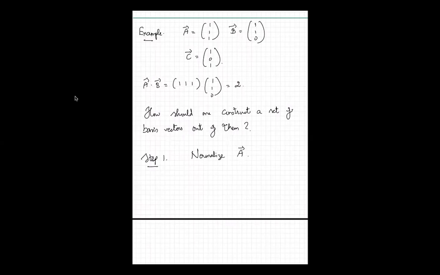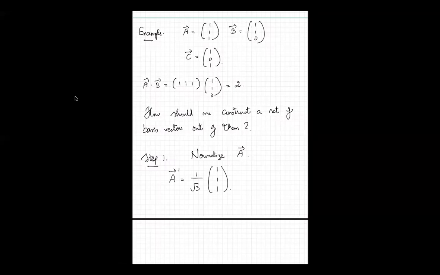The notion of normalization is very important in quantum mechanics. It simply means that you convert a vector into a vector that has unit length. How will I convert A into something that has unit length? Simple. I will divide A vector by the length of A vector, which is of course square root of 3. So I construct A prime, which is 1 over root 3 times (1, 1, 1).